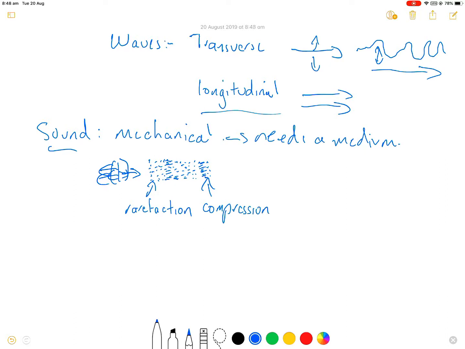So you can see that the movement of the particles is in this direction, and this is a wave, it's moving in this direction. So you have the classic longitudinal wave. I apologise for my very bad writing. The wavelength is from the beginning of a rarefaction to the beginning of the next rarefaction. Here we have the longitudinal wave. The particles push against each other to produce the compressions and then pull apart in order to produce the rarefactions.